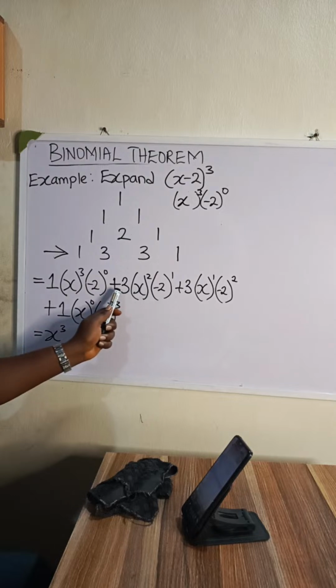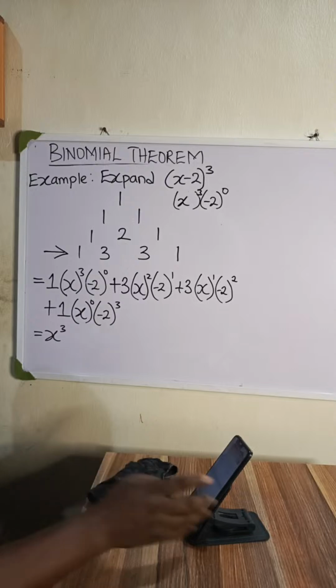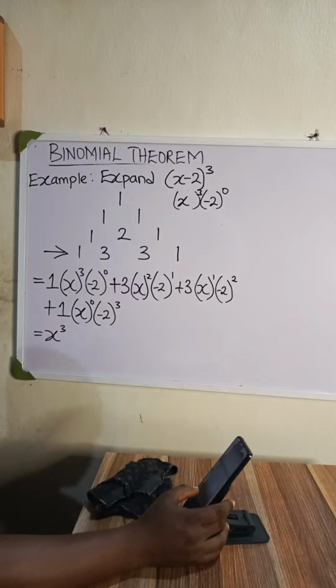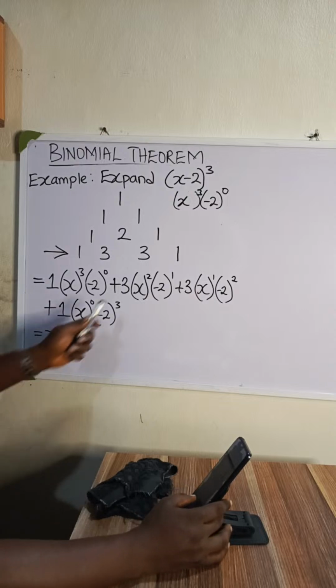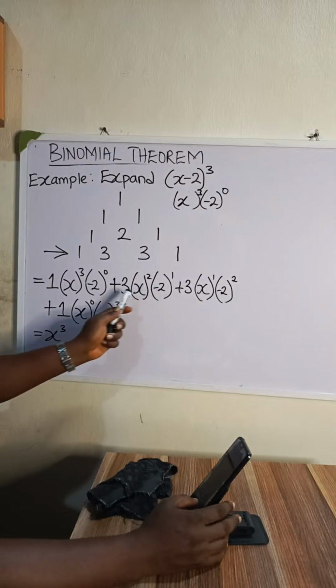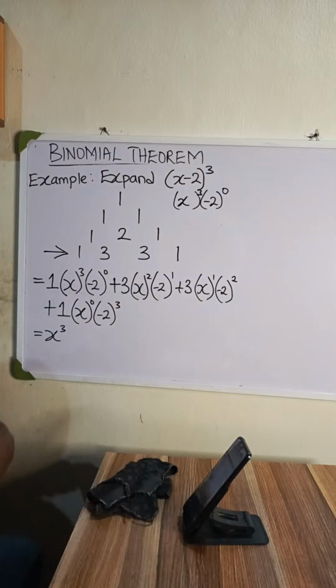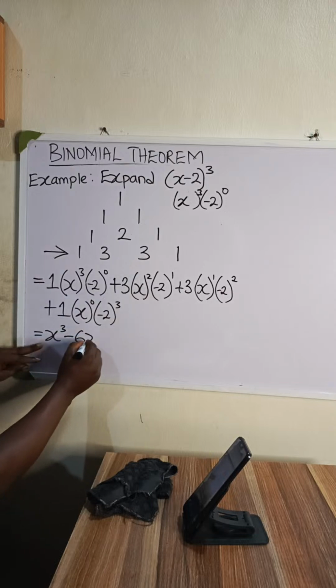Minus 2 times 3 is minus 6. Hope you guys are following. So we have minus 6x to the power of 2.